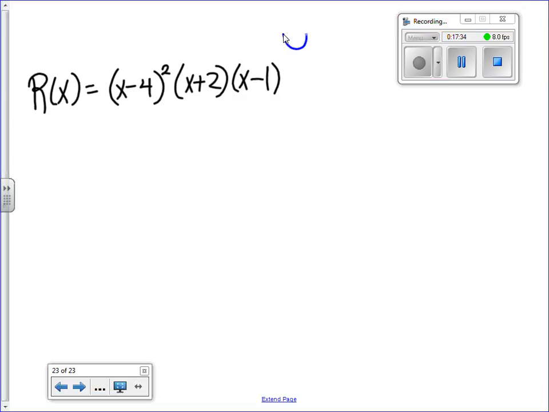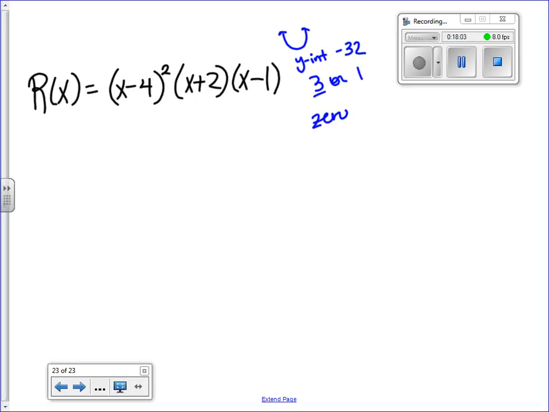Up, up. What degree is this polynomial? 4. It's a fourth degree. Wow, what's your y-intercept on this one? Yeah, that was really not nice. How many extrema could it possibly have? 3 or 1. This one has 3.